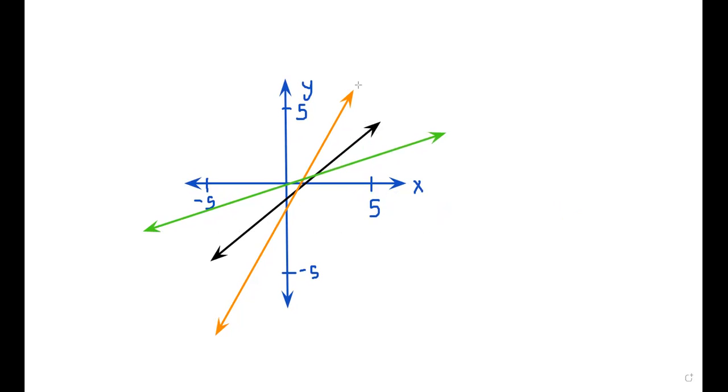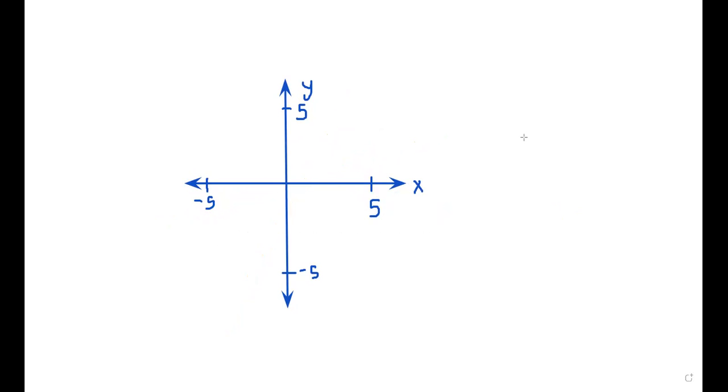See how the orange line is more up and down, and so that's all slope is. But we're going to look at finding slope using a couple of points. I think the best way to do this is just to do it, and we'll learn the formula as we go along.